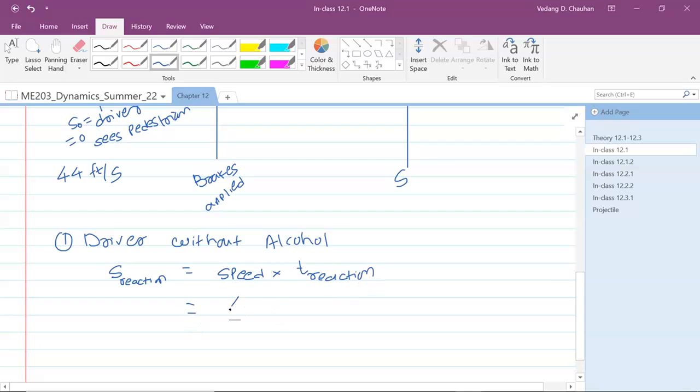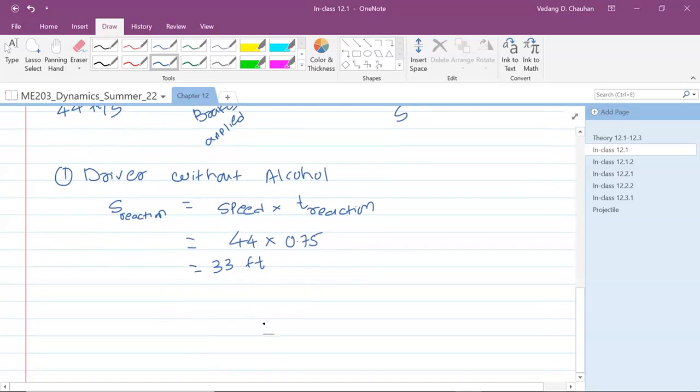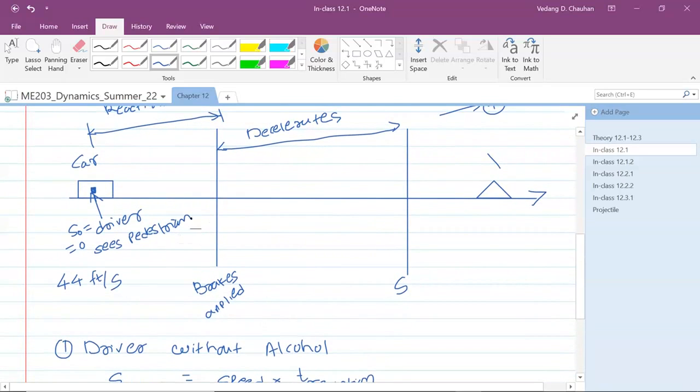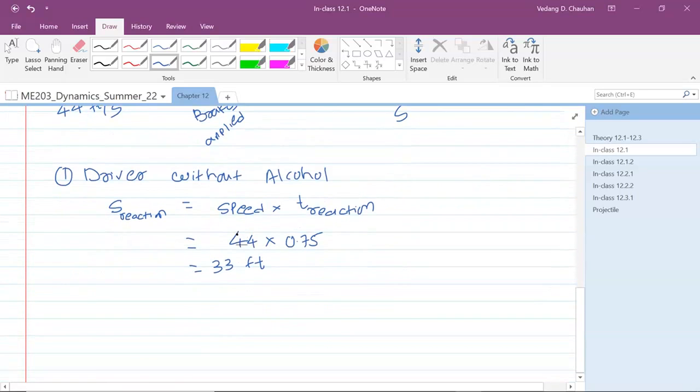Speed here is 44 feet per second and time is 0.75 seconds. That gives us 33 feet. So before the driver even applies the brake, the car travels 33 feet and then the car decelerates.